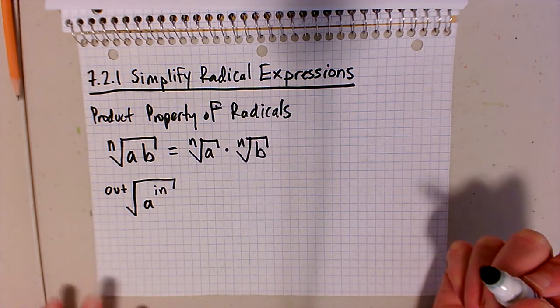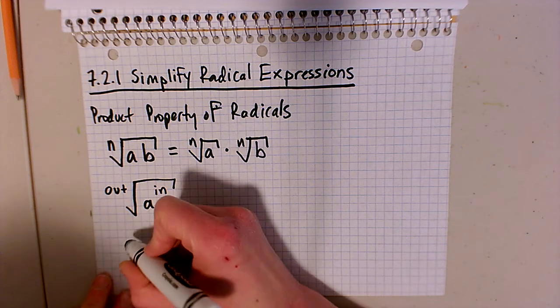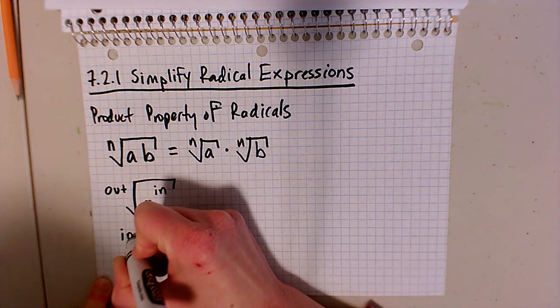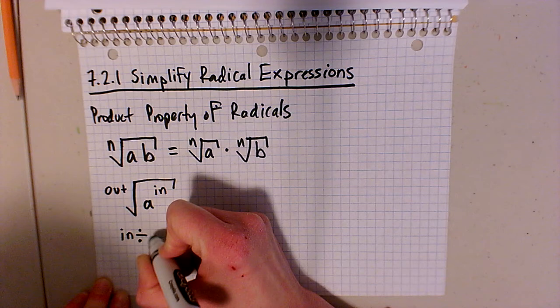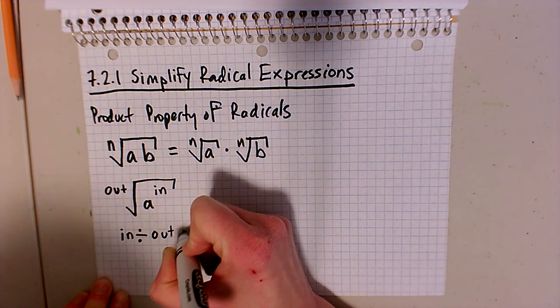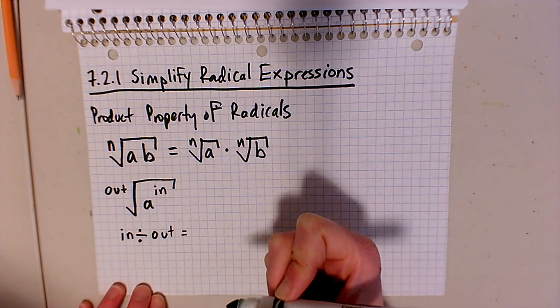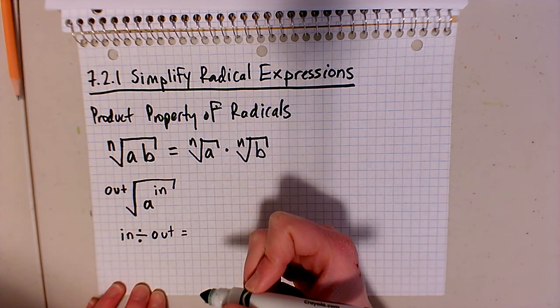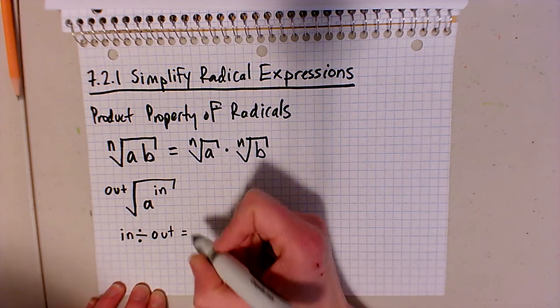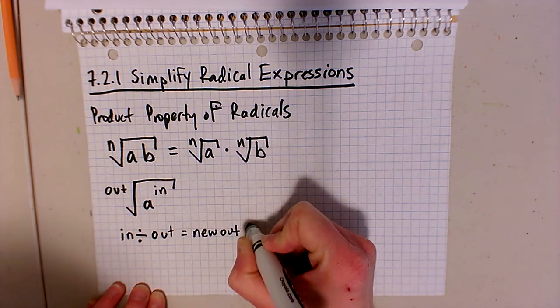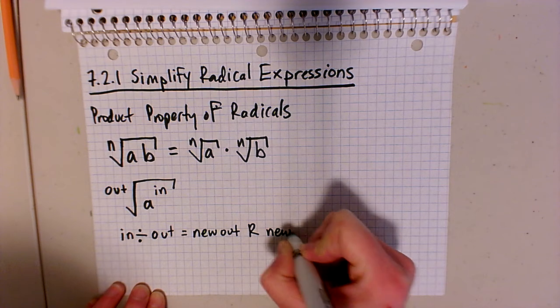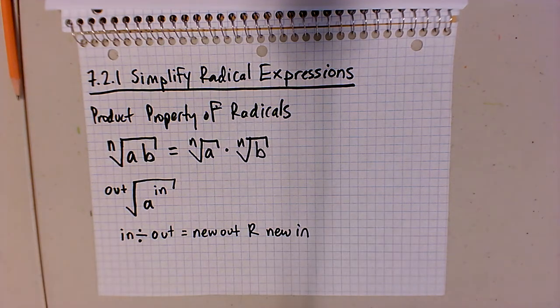So how we can deal with this is we can take what's on the inside divided by our root on the outside, and that's going to give us our new out, remainder, new in.